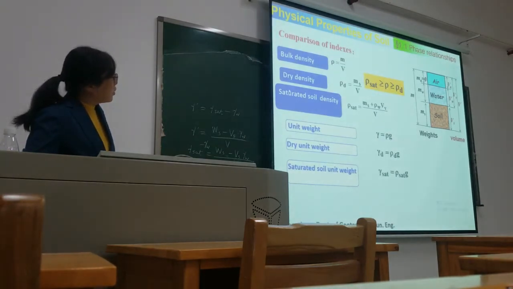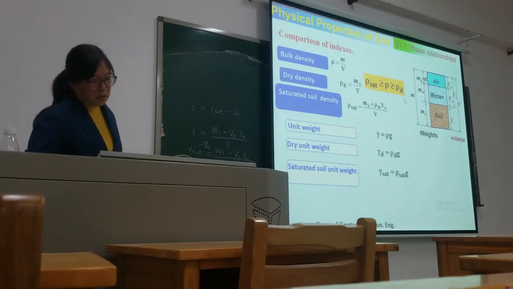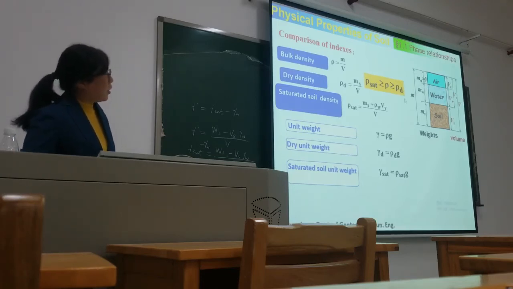Yeah, the saturated soil density is biggest. Yes. And the bulk density is between the saturated density and dry density. And dry density is the least. Yes, most.